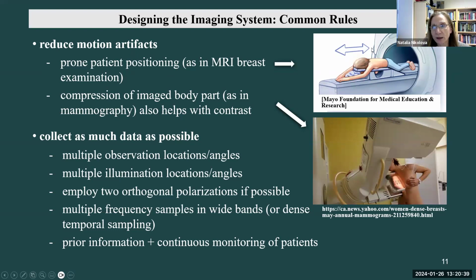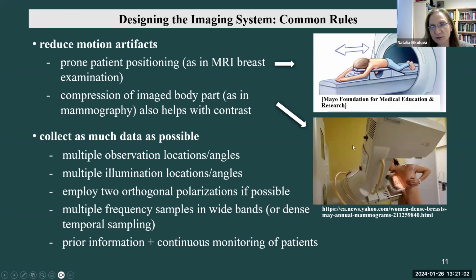The patient, while breathing, when in prone positioning, will not move the front chest wall, and therefore the organ is not going to move. In mammography, which is illustrated in the photo below, on top of it, we have compression, and therefore there is absolutely no motion artifact.